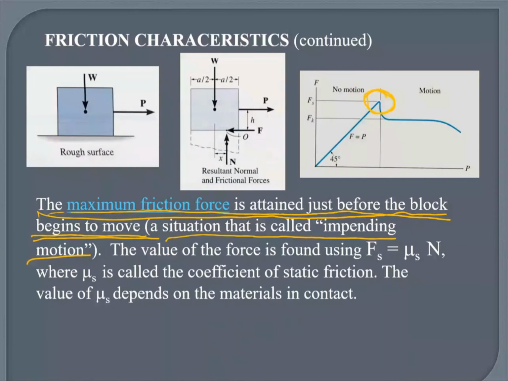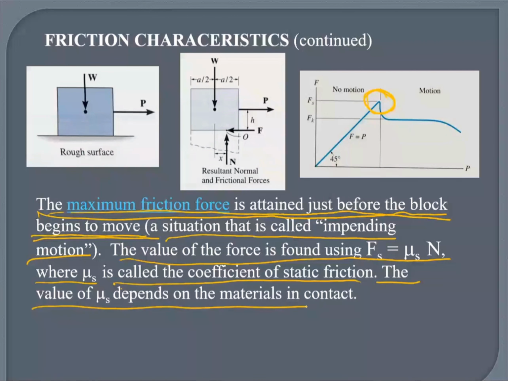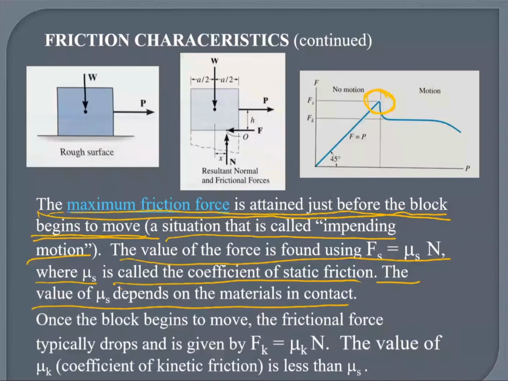The value of the friction is found using F equals mu s N, where mu s is called the coefficient of static friction. The value of mu s depends on the material in contact. I'll show you that. Once the block begins to move, the friction force typically drops.